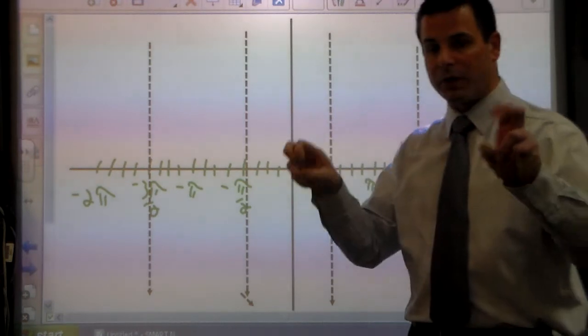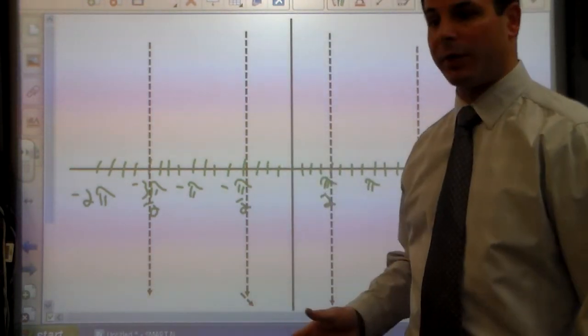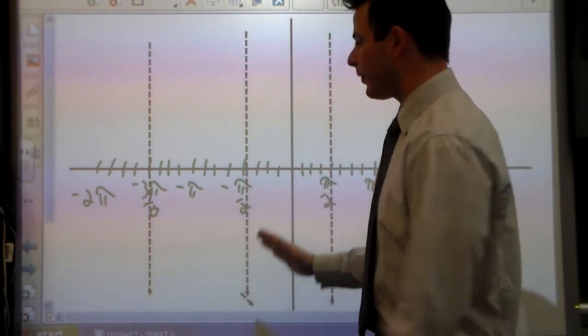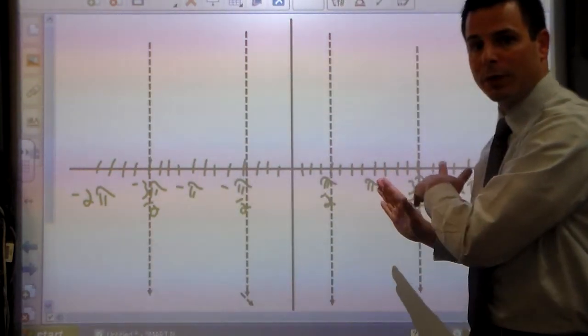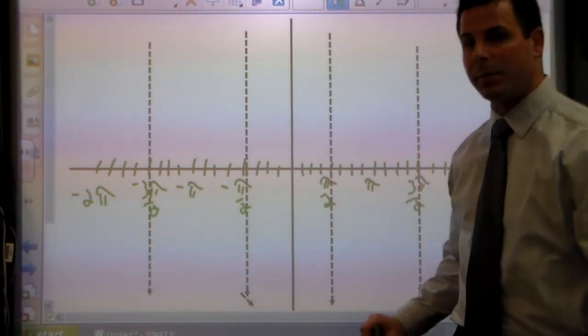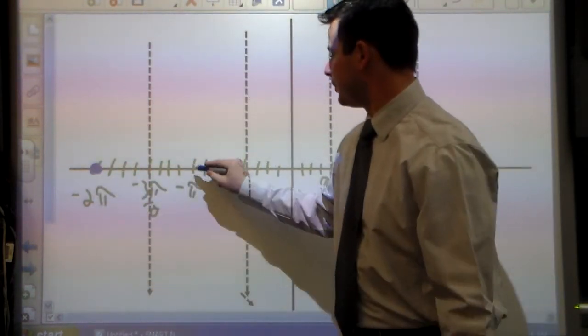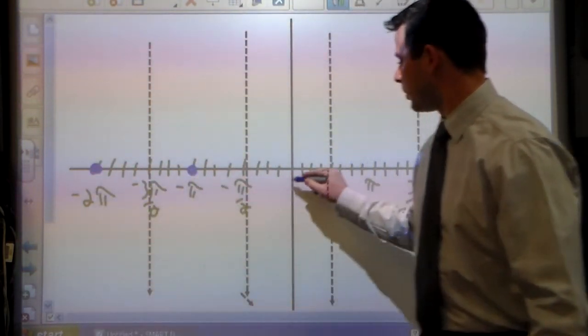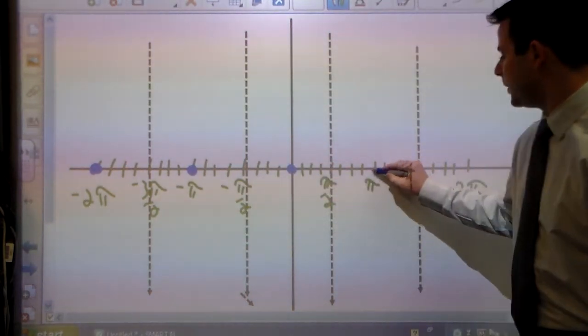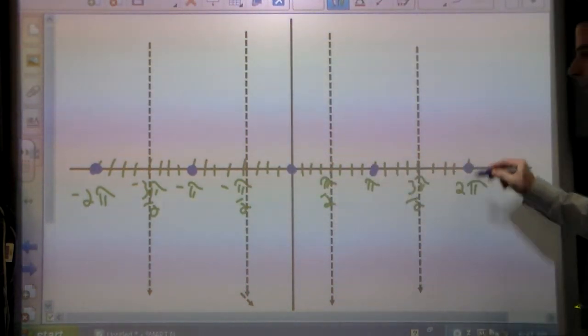All of the over 2's are where the asymptotes lie. So I'm going to have an entire tangent graph between each of these asymptotes. So I like to start at the multiples of pi and put those dots on the axis: negative 2 pi, negative pi, 0, pi, 2 pi.